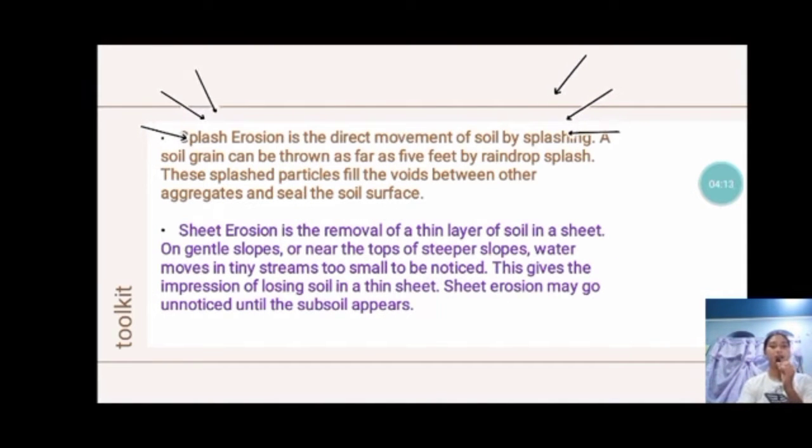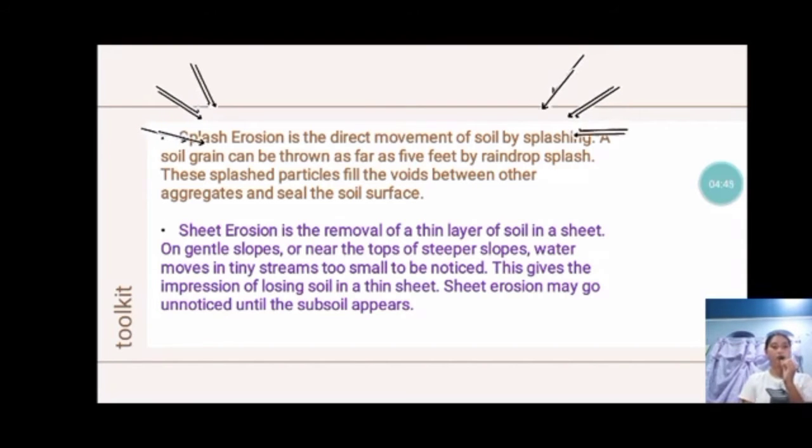First, splash erosion. This is the direct movement of soil by splashing. A soil grain can be thrown as far as 5 feet by raindrop splash. These splash particles fill the voids between other aggregates and seal the surface. Next will be sheet erosion. This is the removal of a thin layer of soil in a sheet.